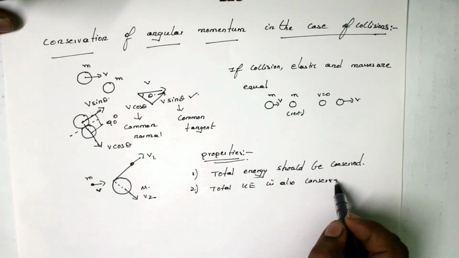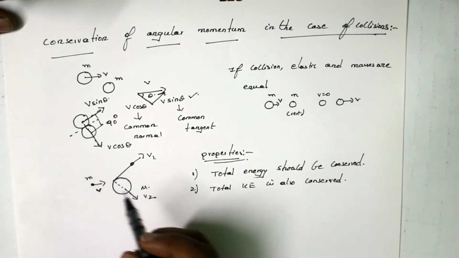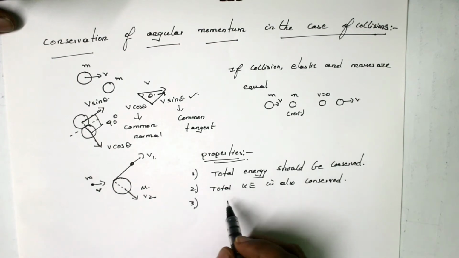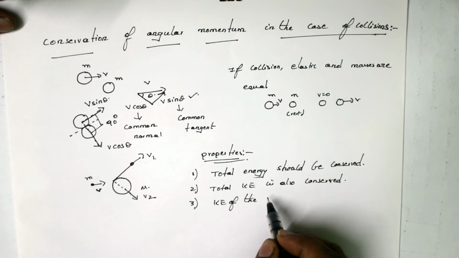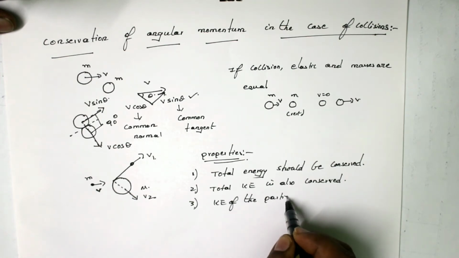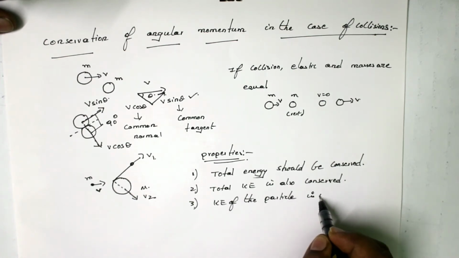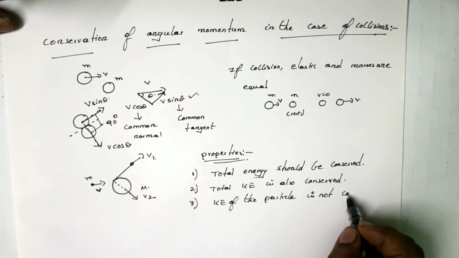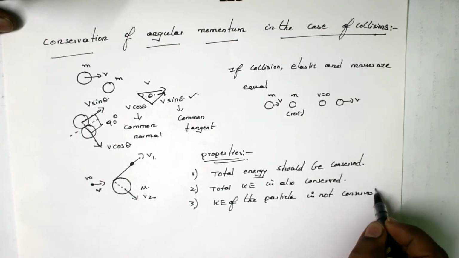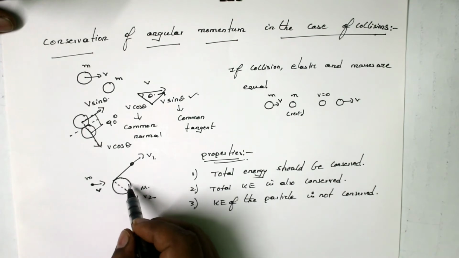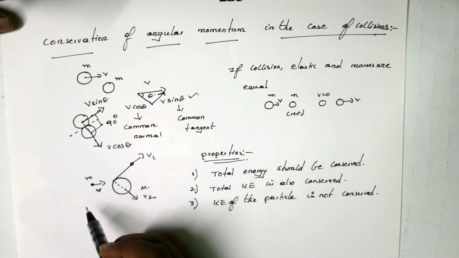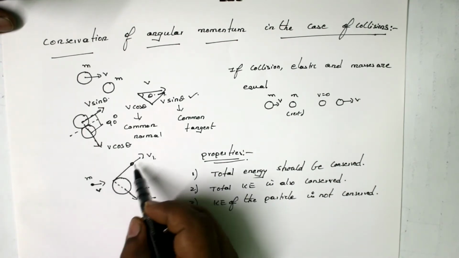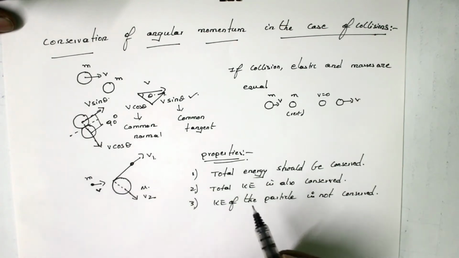But if I study this single particle, then its kinetic energy is not conserved, because this bigger mass will give some impulse on this smaller body, so definitely its velocity has changed. If its velocity has changed, definitely its kinetic energy is not conserved.